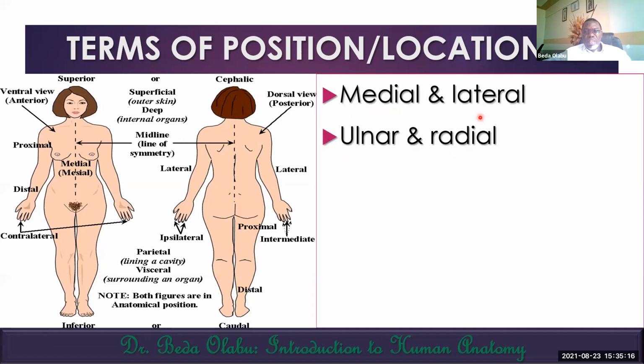So if you're describing things within the upper limb and one is closer to the midline compared to another one, you're allowed to use the term ulnar and radial. For example, you can say that the thumb is radial to the index finger, while the index finger is ulnar to the thumb.